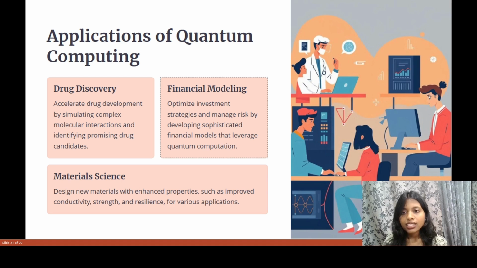Material science. Designing stronger, lighter, and more efficient materials for industries like aerospace and electronics. Artificial intelligence and machine learning. Quantum computing could accelerate AI, making future self-learning algorithms faster and smarter.